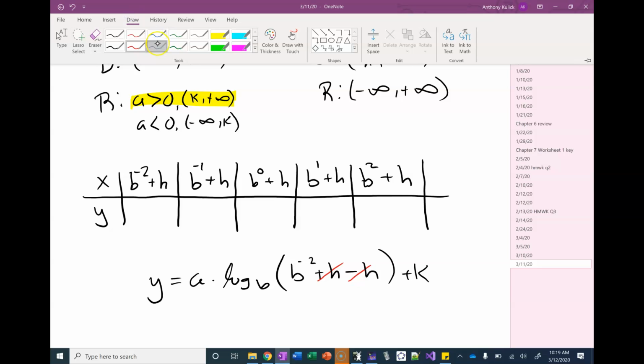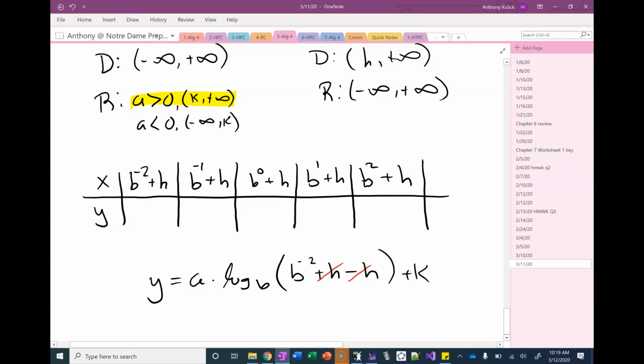So that leaves me with a times log base b of b to the negative 2. Notice that I have log base b of b to the negative 2. What can I say there? The log base b will cancel my exponent base b, and we'd be left with just a times negative 2 plus k.